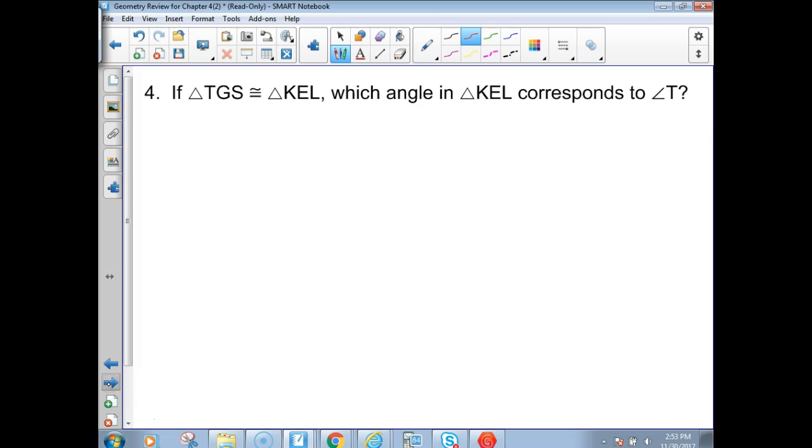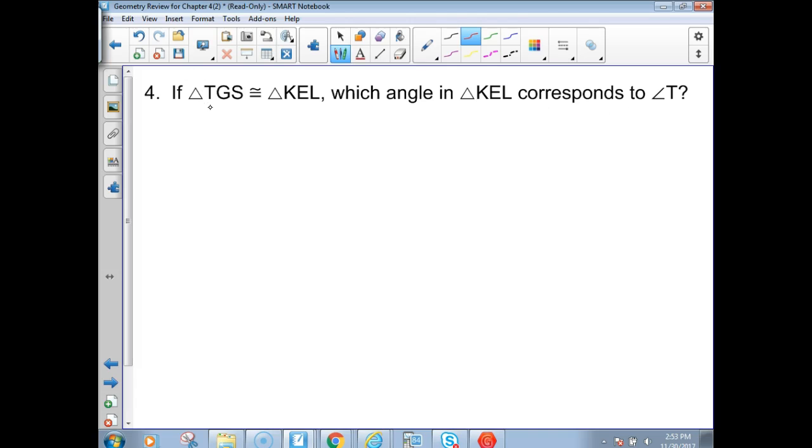All right, next one. Number 4. I've got a triangle congruence statement here. It says triangle TGS is congruent to triangle KEL. And then it says which angle in triangle KEL corresponds to angle T. How do you know it's K? Same spot.